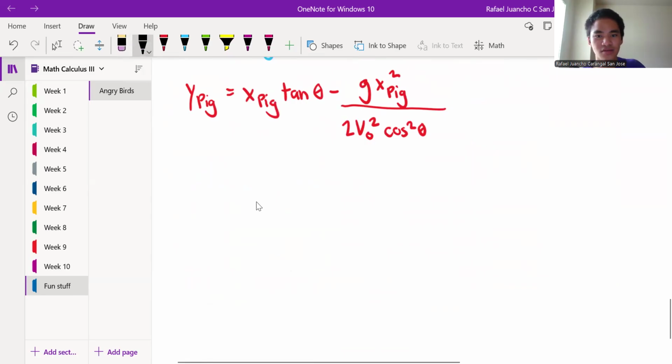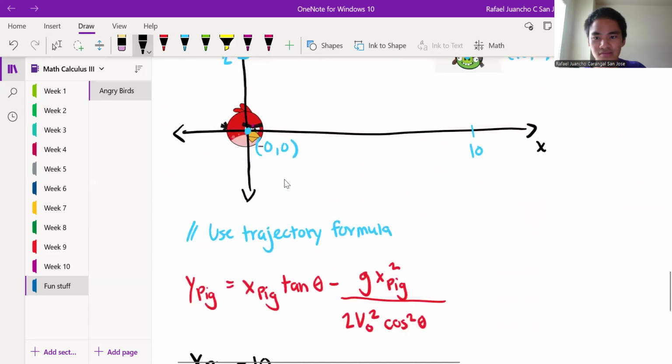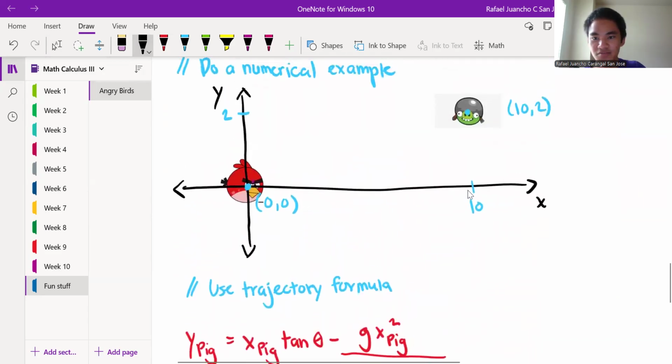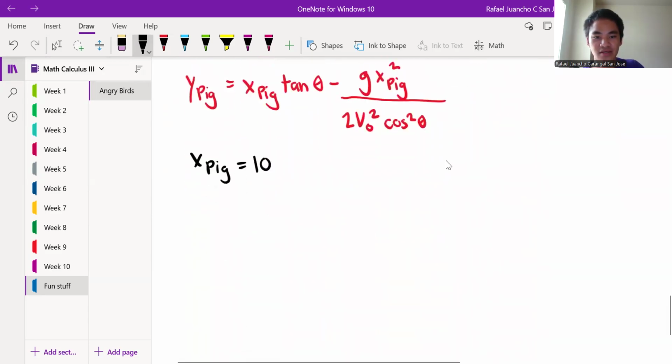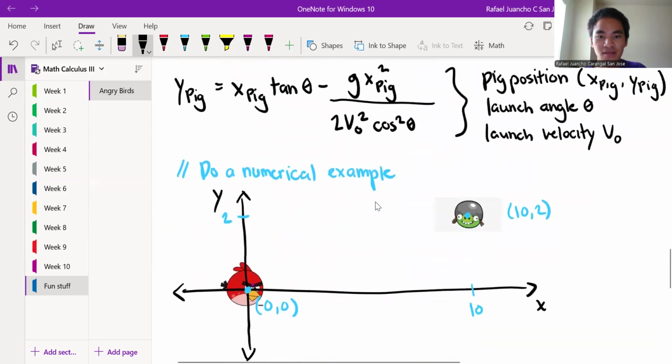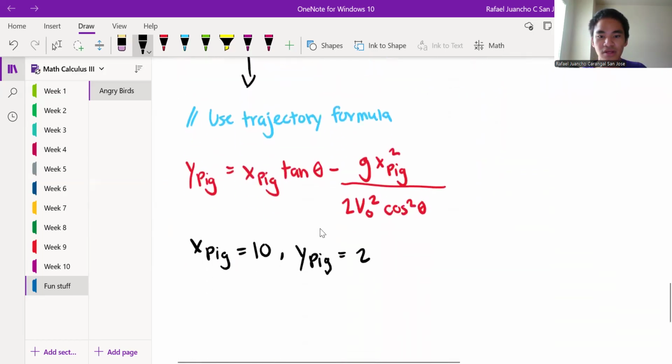So let's label what we're given in the problem. Our x coordinate of the pig is 10, right? Because it's at 10 here. And our y coordinate for the pig's location is what? 2? Yeah. And what else?